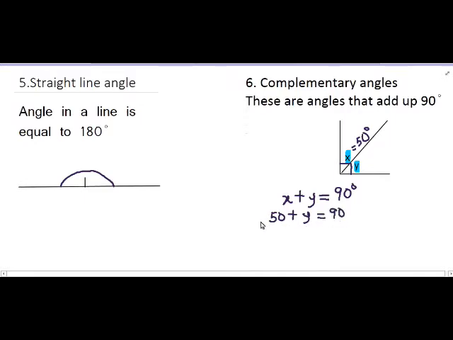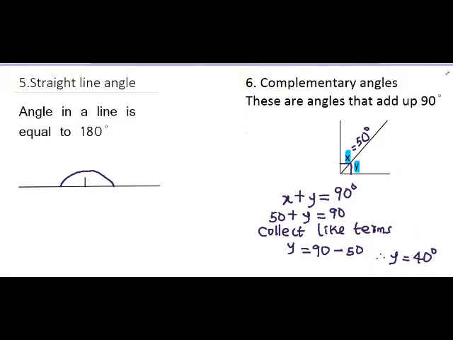Now we apply our basic skills of algebra, that is collecting like terms. If we collect like terms here, we're going to have that Y is equal to 90 minus 50, and therefore our Y becomes 40 degrees. So that makes sense.